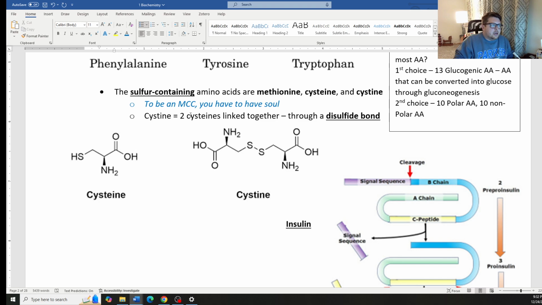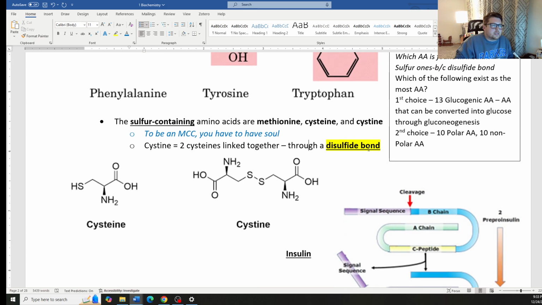And then a little note, cysteine is really just a combination of 2 cysteines. The cysteine is 2 cysteines linked together through what is called a disulfide bond. That is always going to pop up as a test question. They love asking about disulfide bonds, and we'll see those pop up a couple more times.